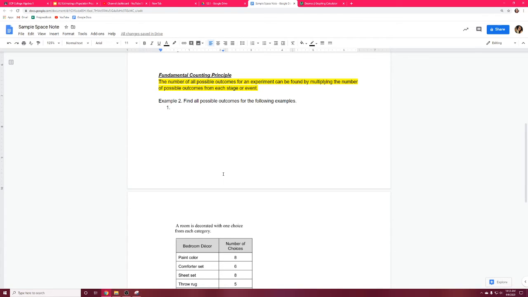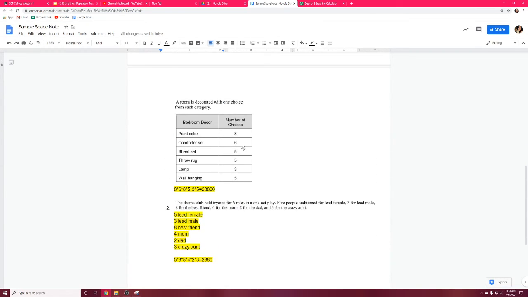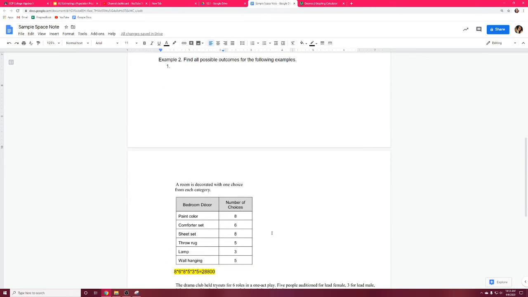You just find all the events and multiply their possible outcomes together to get the possible outcomes for the entire event. Another thing I want to mention: the multiplication rule works only when the question has "and."